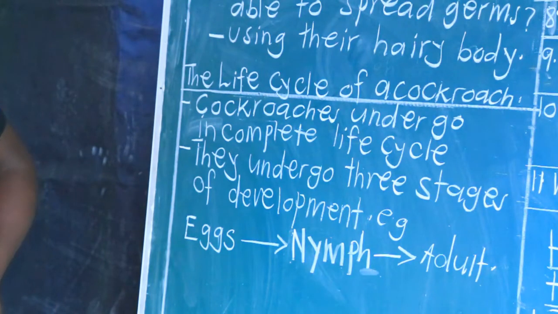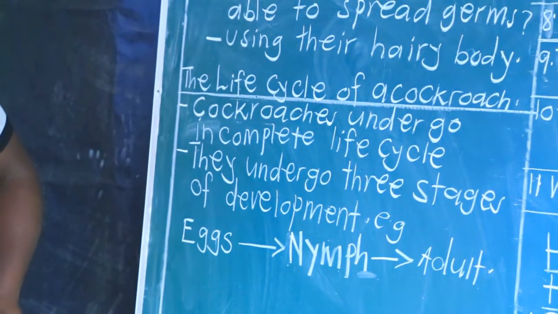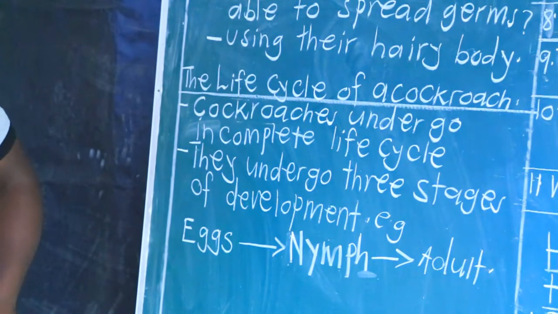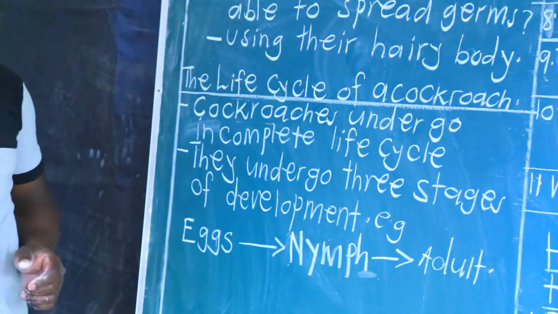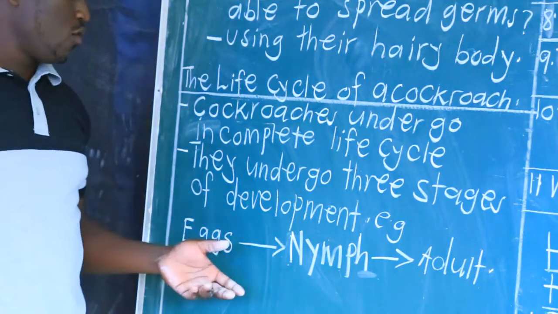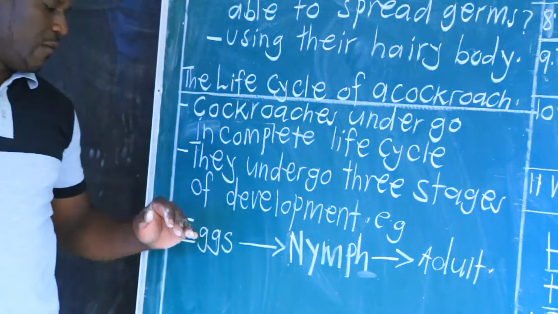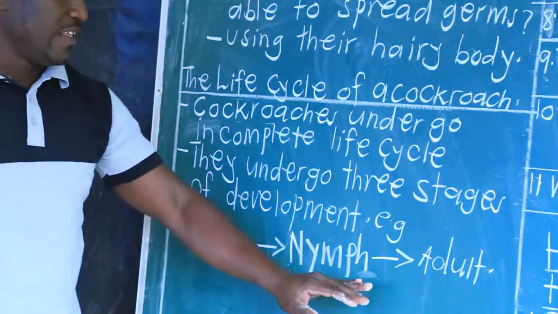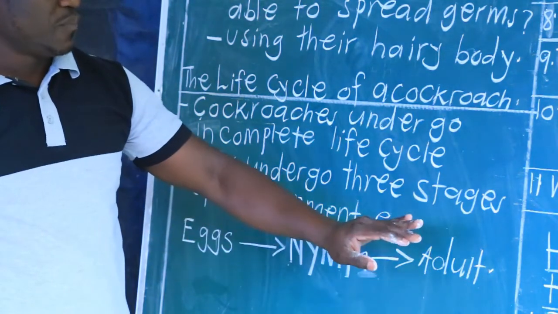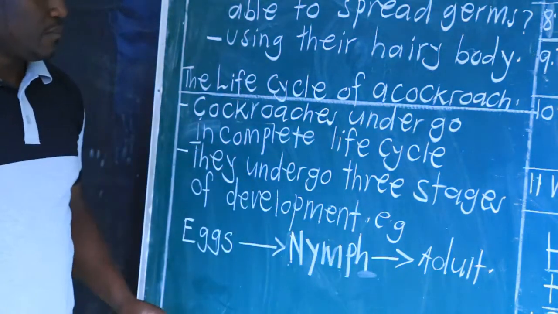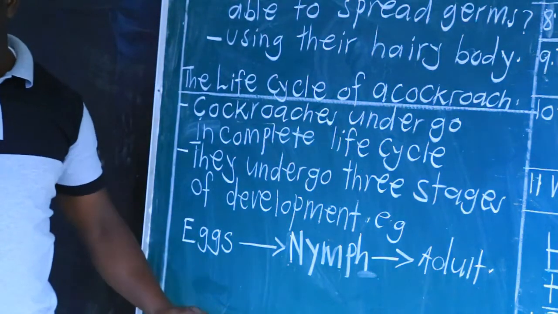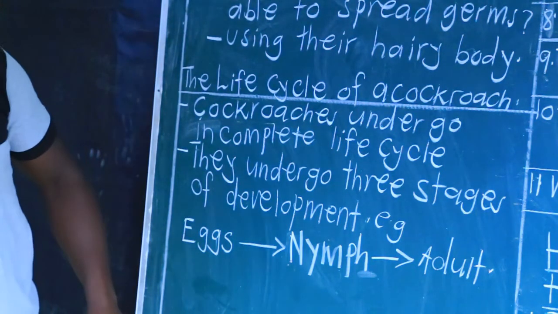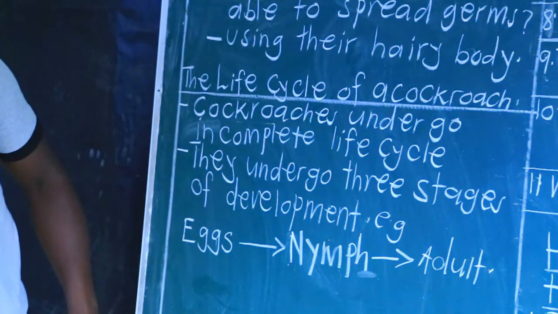You will see the egg case, then the nymph, then lastly the adult. So a cockroach carries out 3 stages of development.